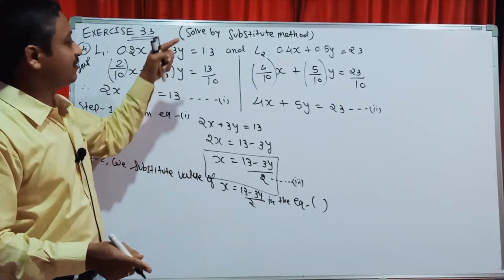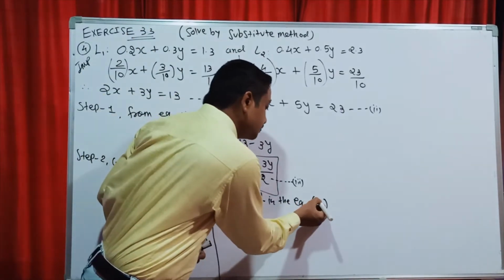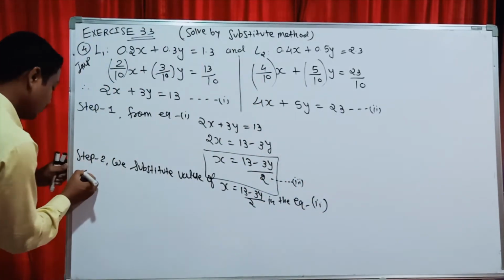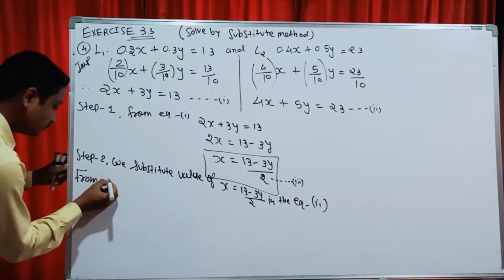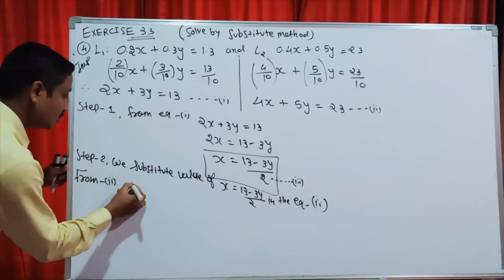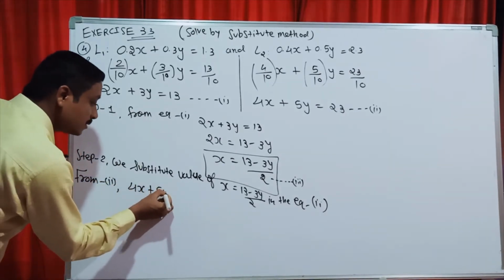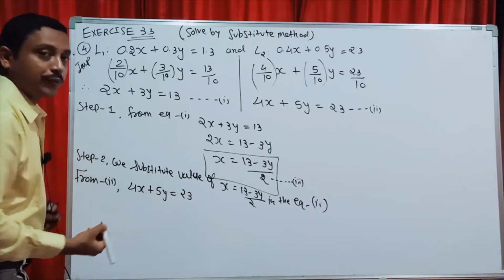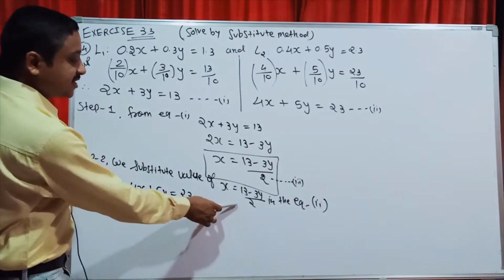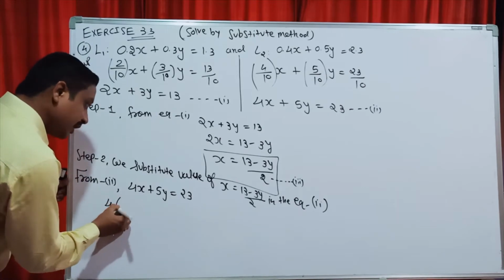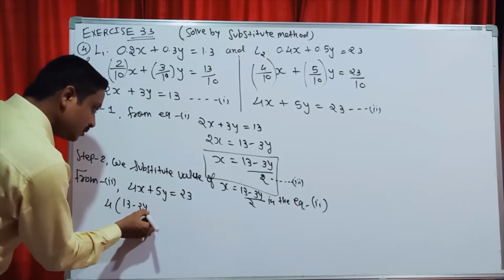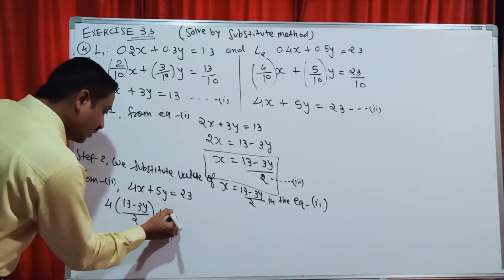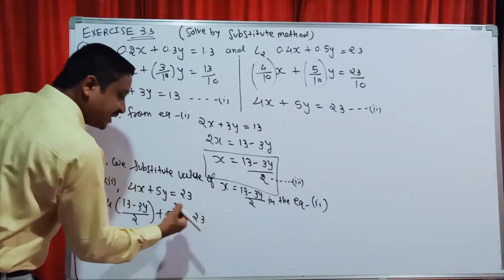So apply in equation number 2. So here from 2, what is from 2? 4x plus 5y is equal to 23. Apply this x value successfully. So 4x is 4 times 13 minus 3y by 2, 5y same and 23 as it is.